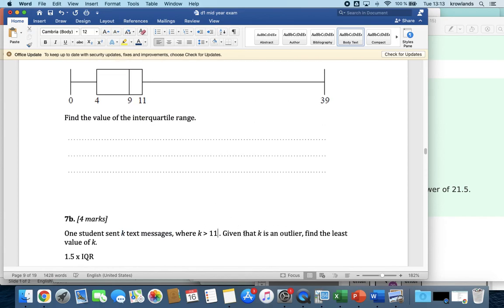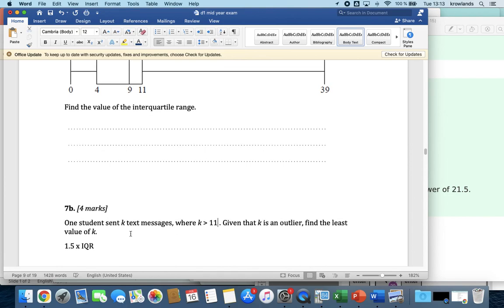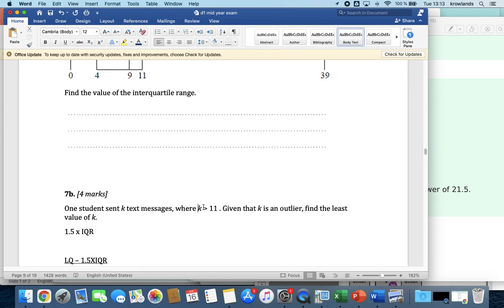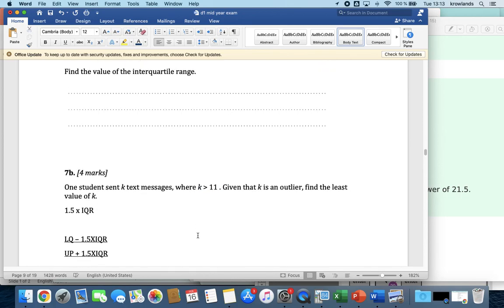Given that K is an outlier, find the least value of K. So to me, when it's giving an inequality sign, it's talking about the outliers which are greater than what is expected rather than less than what is expected. So we're going to talk about the upper quartile plus 1.5 times the interquartile range. If you didn't know this, you could apply both of these formulas and you would get some marks in the exam. So we're just focusing on the bottom equation, which is something you need to memorise.